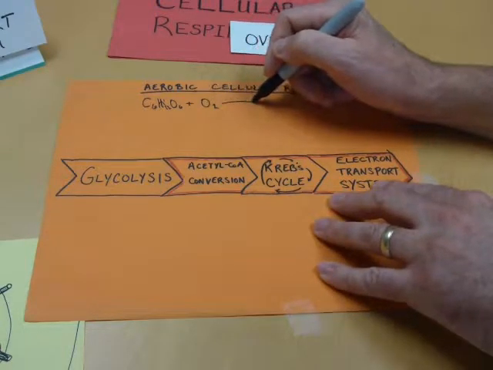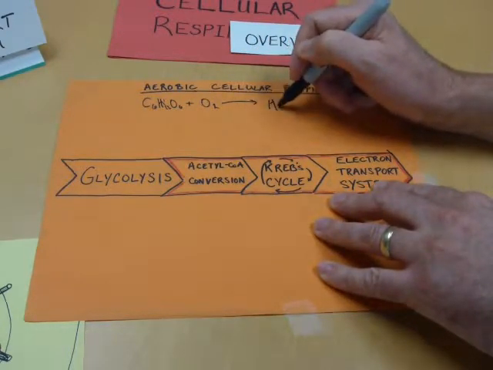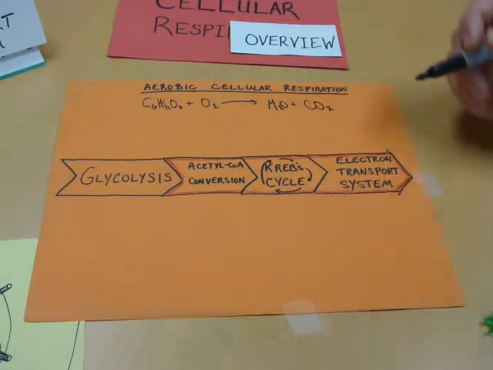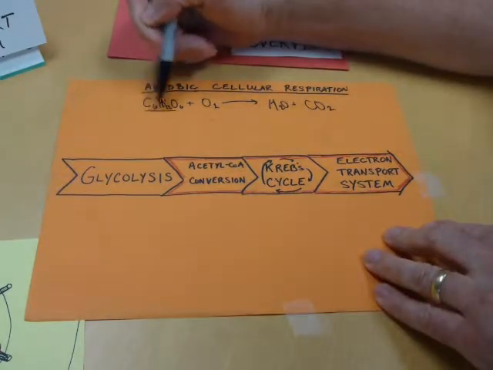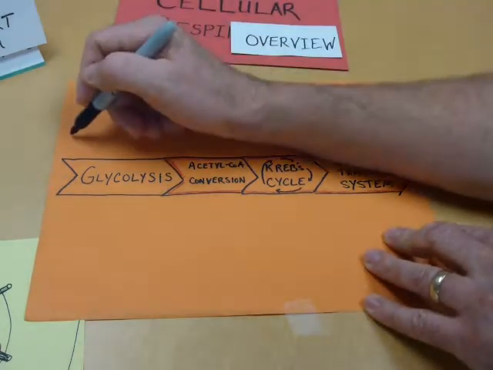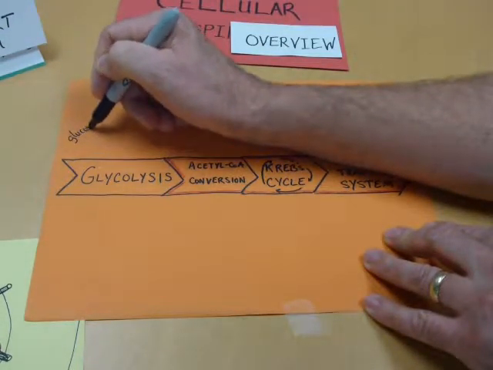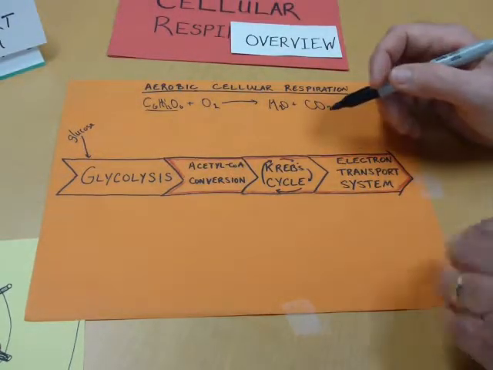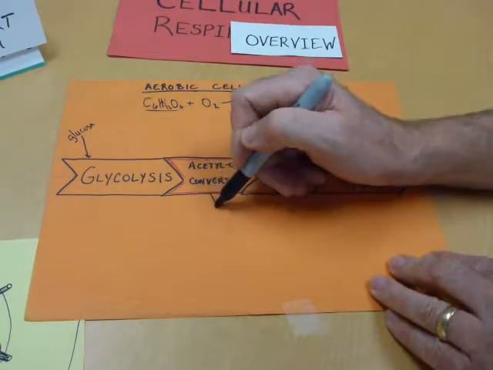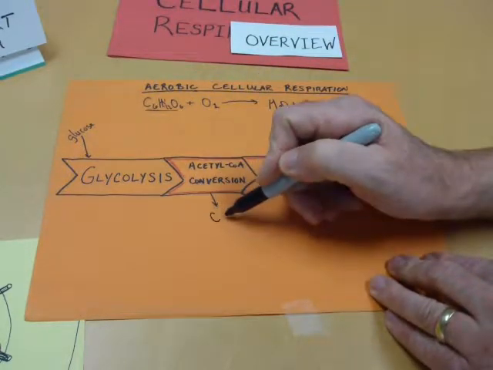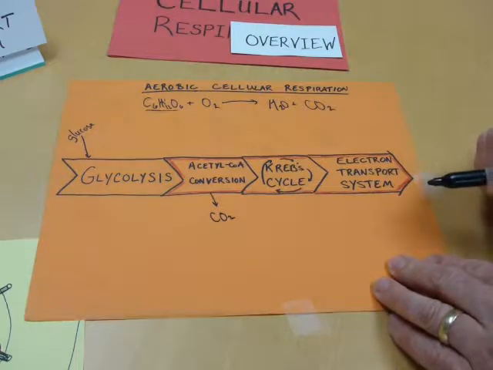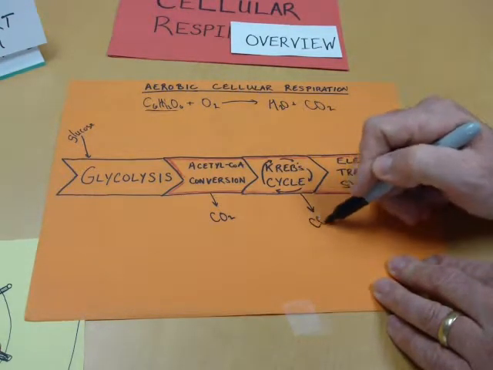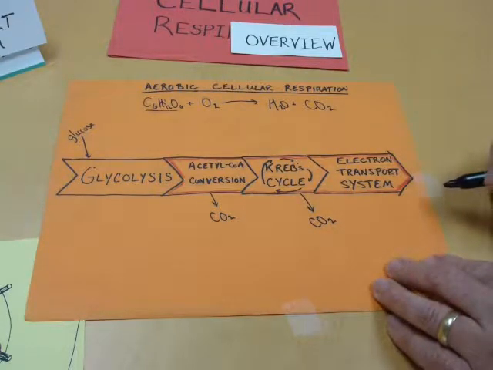And we're going to chop that up into water and carbon dioxide. So far I've only addressed the glucose, which comes into glycolysis, and it comes out of acetyl-CoA conversion as carbon dioxide. The rest of it comes out of the Krebs cycle as carbon dioxide.